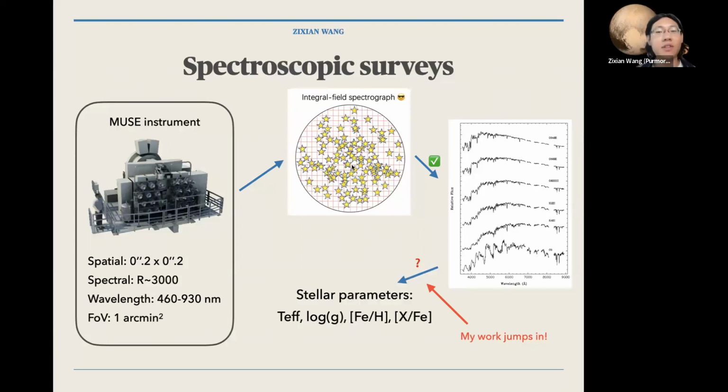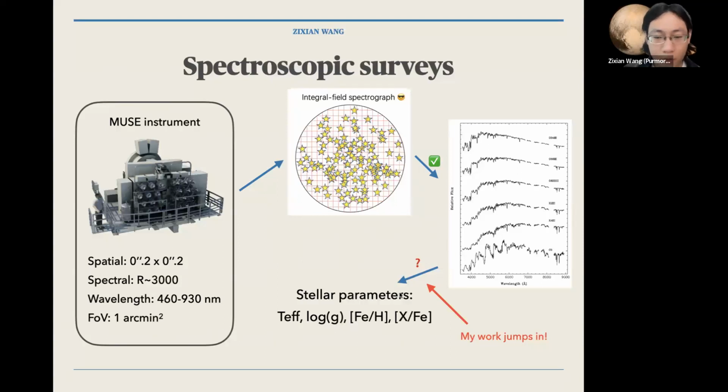So there has been an algorithm, especially for MUSE, to extract the individual stellar spectrum from the crowded regions, and this has been proven to be very successful. That means now you have a way to obtain individual stellar spectra from crowded regions.